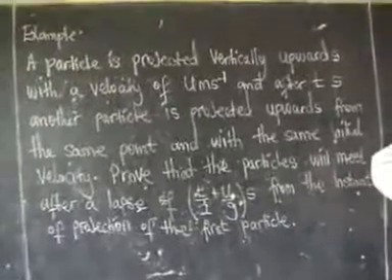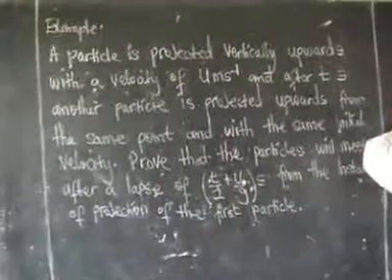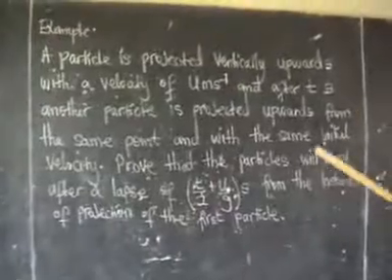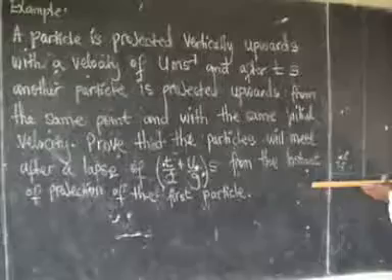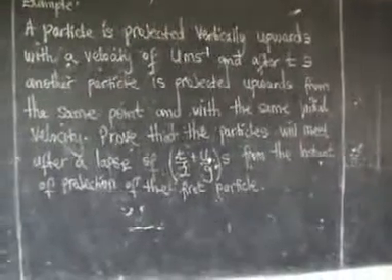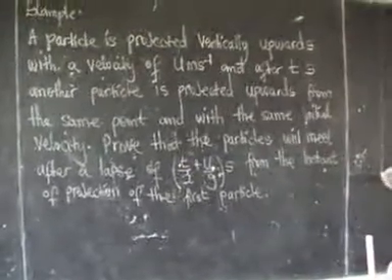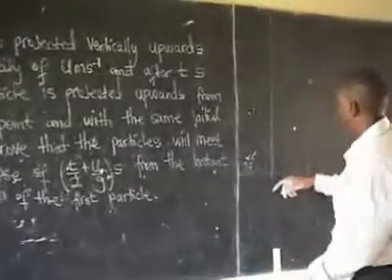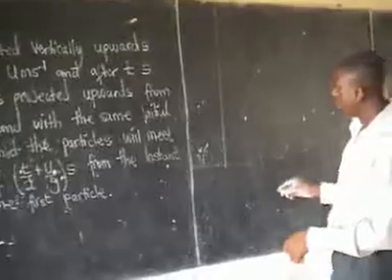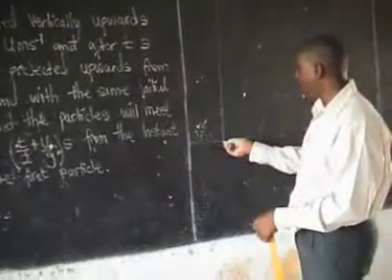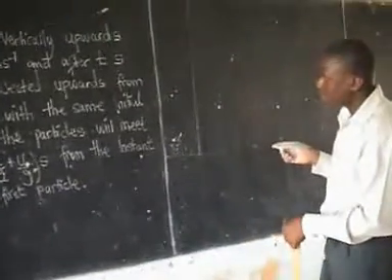So using a simple line, represent the motion of our body. We have our first body projected, so it will move vertically upwards. Then after a time t, another body will also be projected.